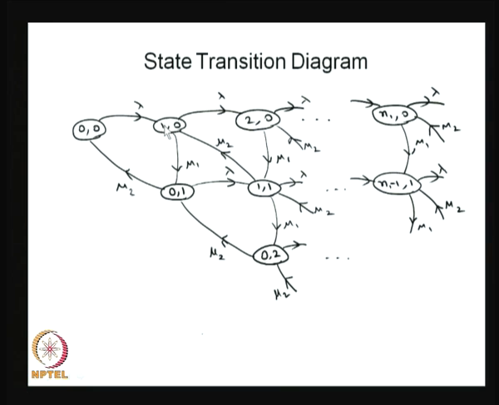Therefore, the service is exponentially distributed with the parameter mu1. Therefore, the system goes from 1,0 to 0,1. That means the customer who was under service, that service is over. Therefore, he moved into the second queue. Now, the first node has 0 customers and the second node has 1 customer in the system, and his service will start once he enters the second node. So, this rate will be mu1.